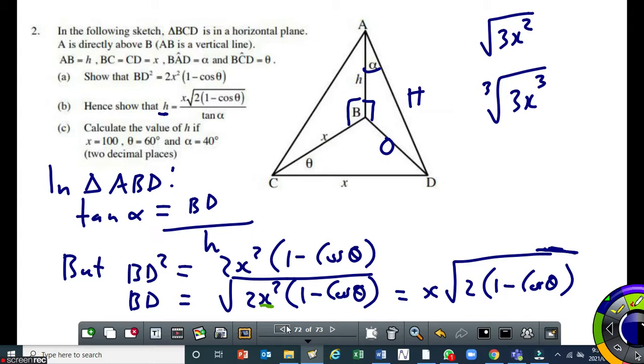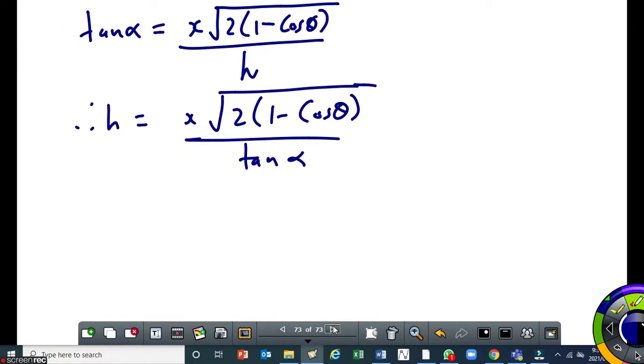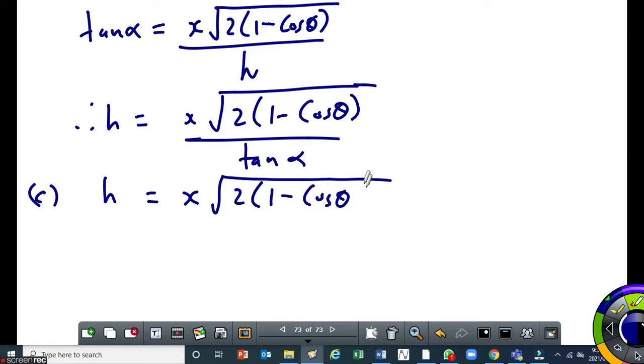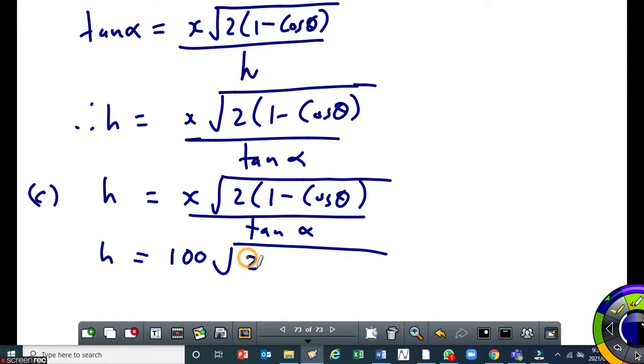Okay, so let's substitute x, theta, and alpha. For part C, h is equal to x times the square root of 2 times 1 minus cosine of theta, all over tan alpha. So h is going to be equal to x, which is 100, times the square root of 2 times 1 minus cos 60, all over tan 40.